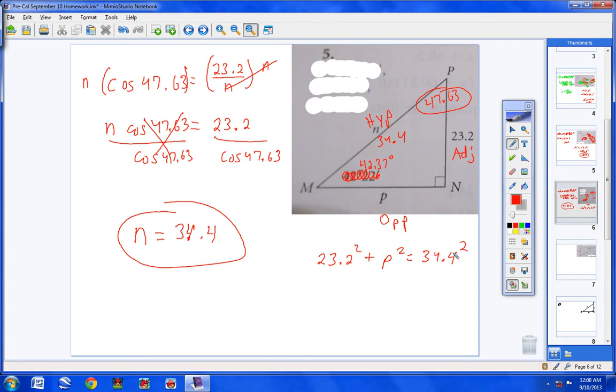Now, students, if you take 34.4 squared and 23.2 squared and bring this number over, you're going to be left with p squared equals 645.12. And now take the square root of that, and you should get p equals 25.4. Okay? Very good.